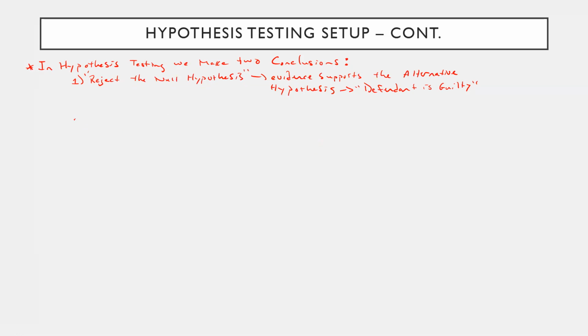The second thing you can do: we never say we accept the null. What we say is you fail to reject the null hypothesis. When you fail to reject the null hypothesis, the evidence that you collect does not support the alternative.